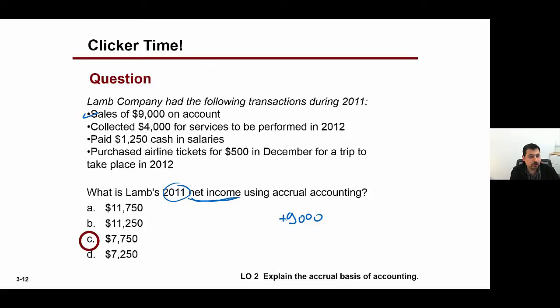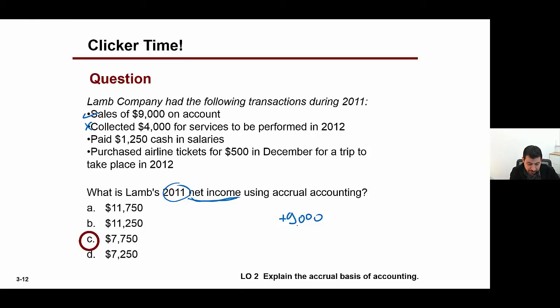Collected $4,000 for services to be performed in 2012. The services will be performed in 2012, so we don't recognize them now, and we don't include them in the net income. Paid $1,250 cash in salaries.